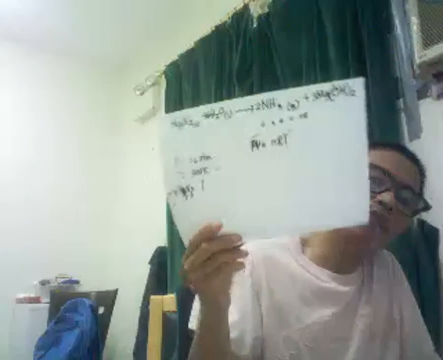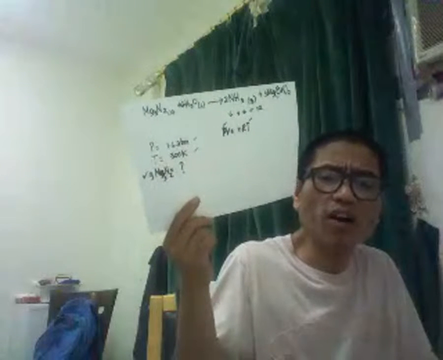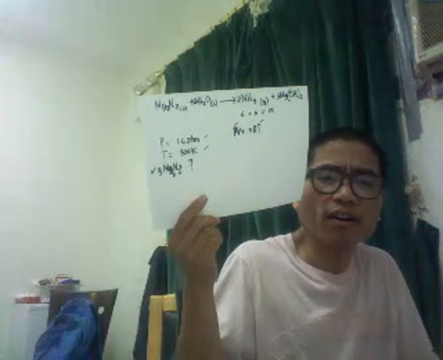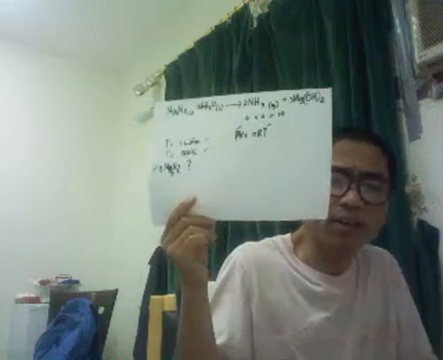If you have the grams of magnesium nitrite, then you can solve for the grams of the ammonia, in relationship to the magnesium nitrite, because you have the number of moles in the chemical reaction. You can solve the grams as long as you have the number of moles of the ammonia, because ammonia also is our product in the reaction. If you don't have the volume, then we cannot have the number of moles of ammonia.